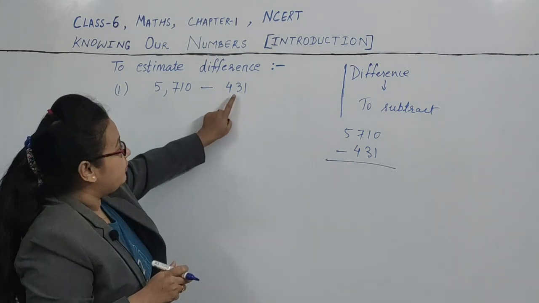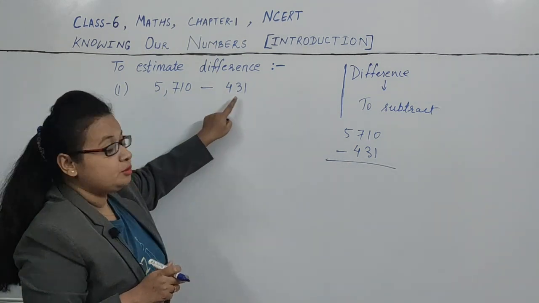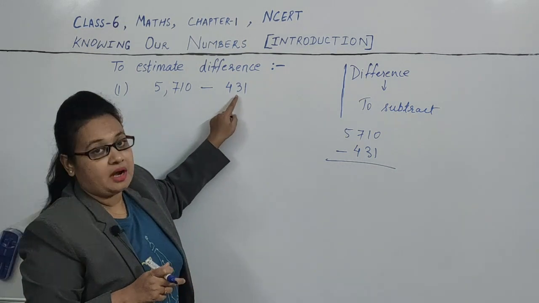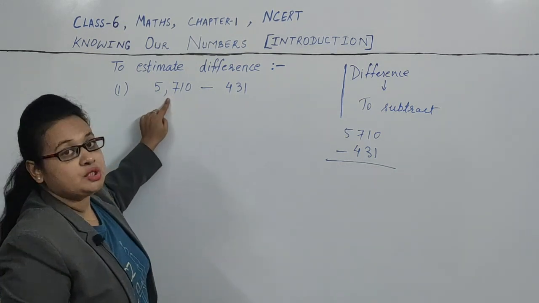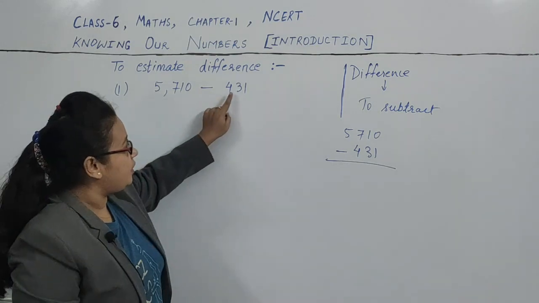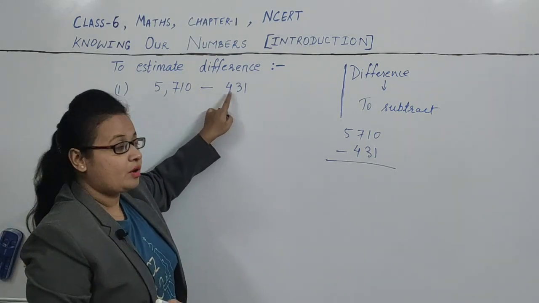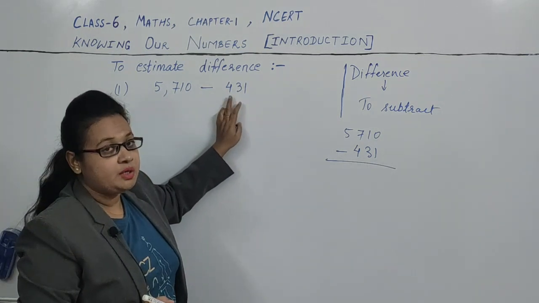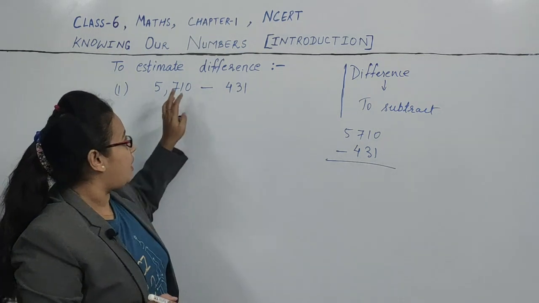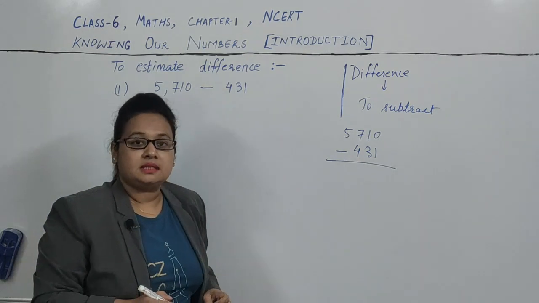We have to round off both numbers to the same place. If we are rounding off this number to the nearest tens, we round off the other also to the nearest tens. Likewise for hundreds or thousands.